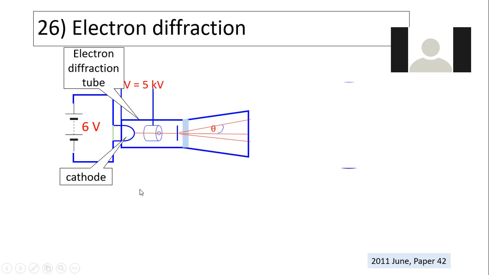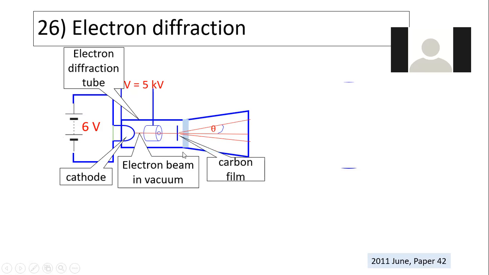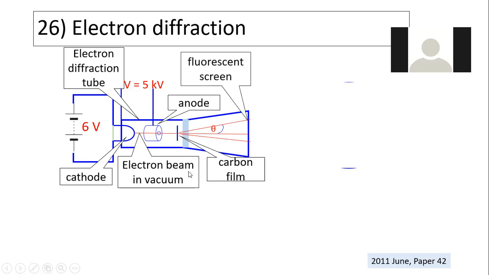Basically, inside there is a vacuum, so the electron beam is emitted in vacuum. There's your carbon film. There's your anode, charged positive. There's your fluorescent screen, so where the electrons hit the screen, you will see a bright spot there.